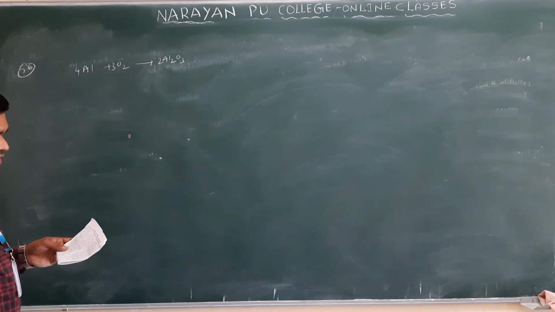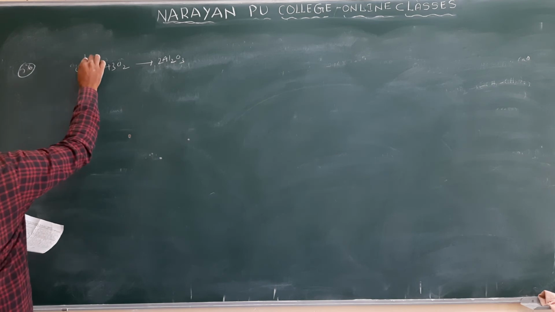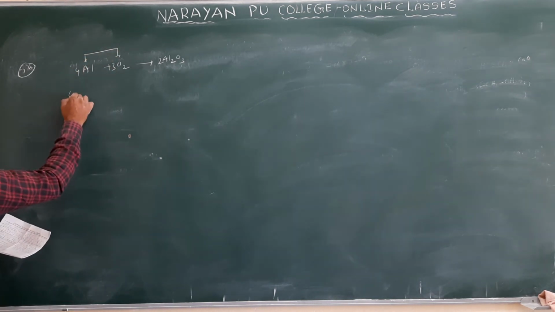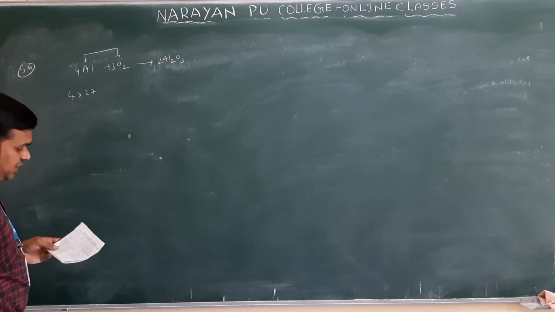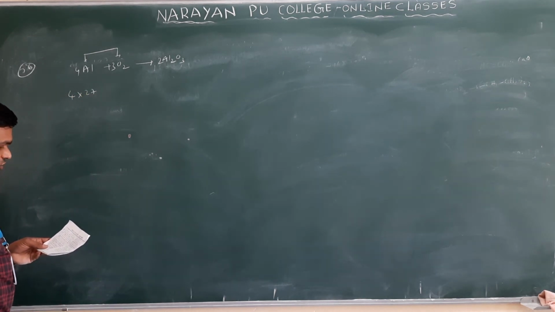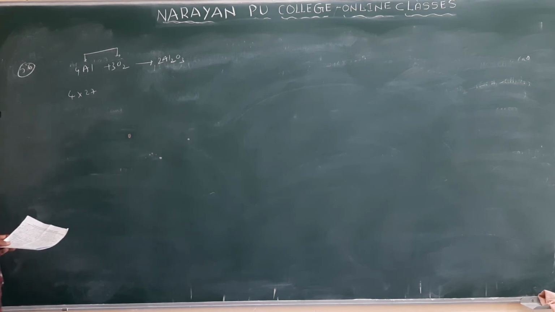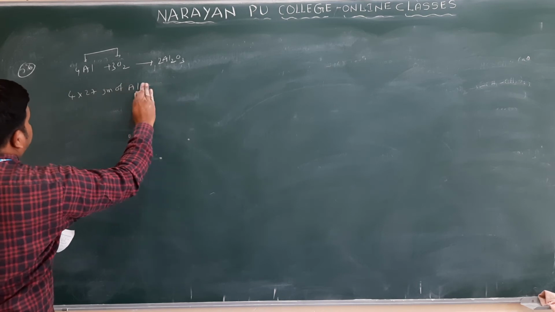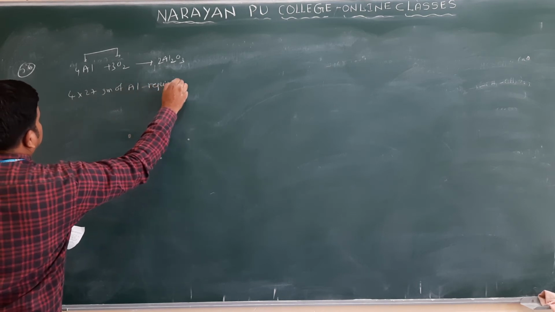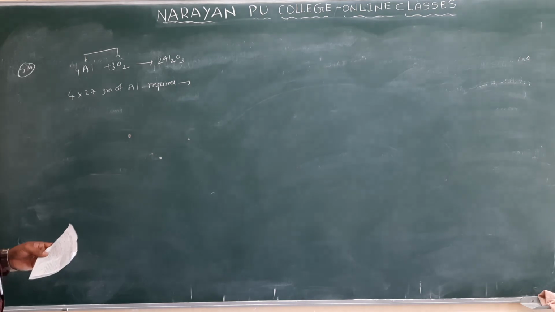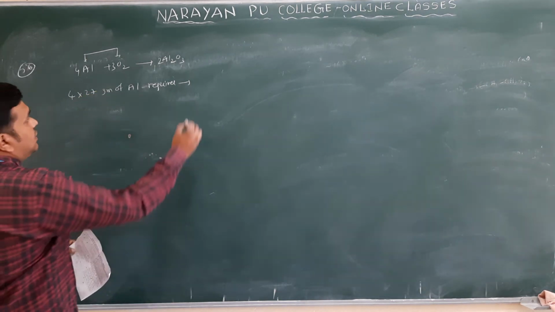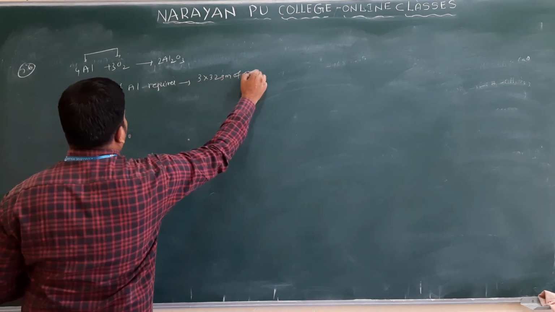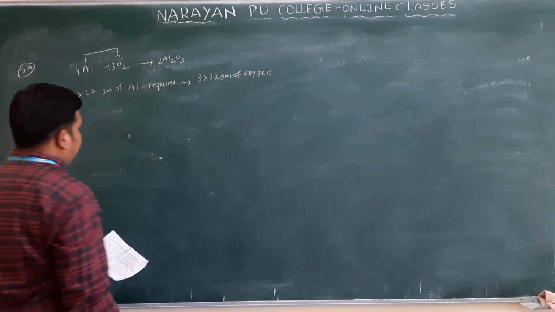Now what is the question here? Amount of oxygen required for the complete combustion of 27 grams of aluminum. From this equation, 4 into 27 grams of aluminum, because the atomic weight of aluminum is 27 only, requires how much oxygen? You will get 3 moles here. So 3 into 32 grams of oxygen.